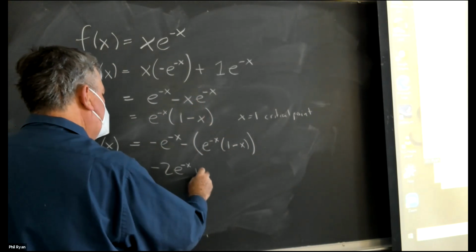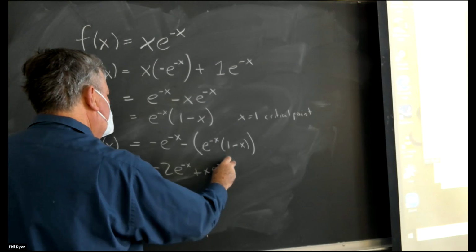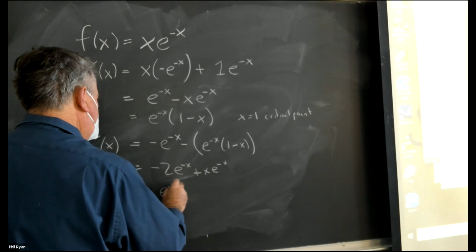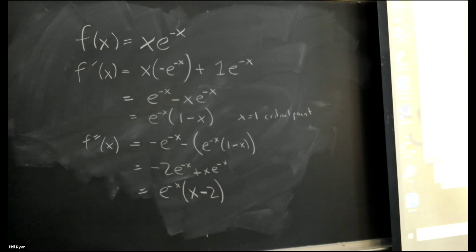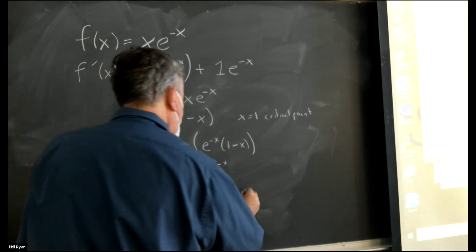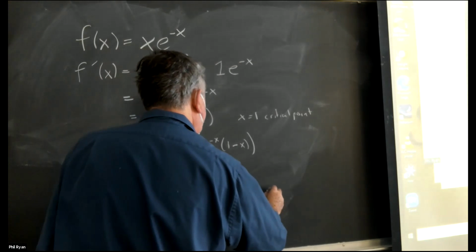Minus times minus is a plus. And straight away we can see the possible inflection point is 2. X equals 2 inflection.